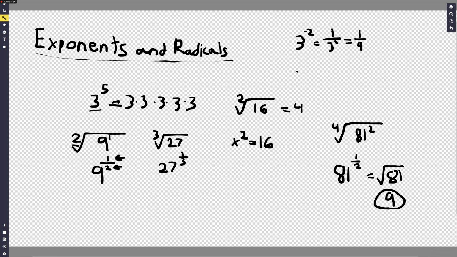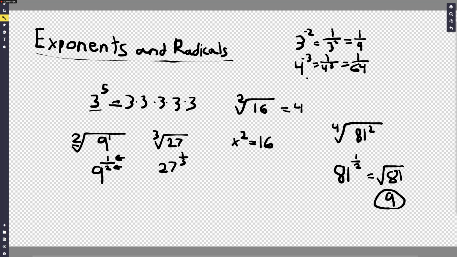Okay? And this works the same for, we could do 4 to the power of -3, right? It's equal to 1 divided by 4 to the power of 3, and so that's equal to 1 divided by 64. Okay? And you're like, okay, well, what happens if you have a negative exponent in the denominator?